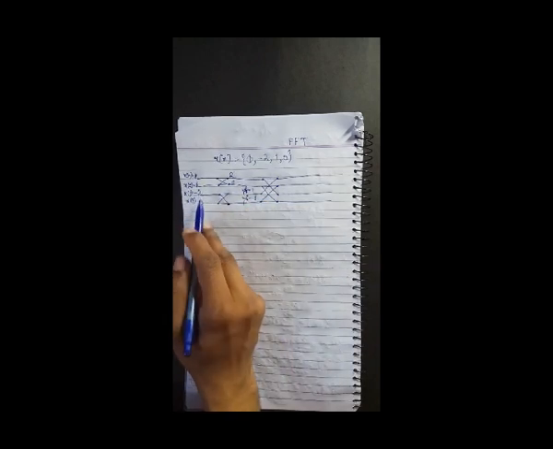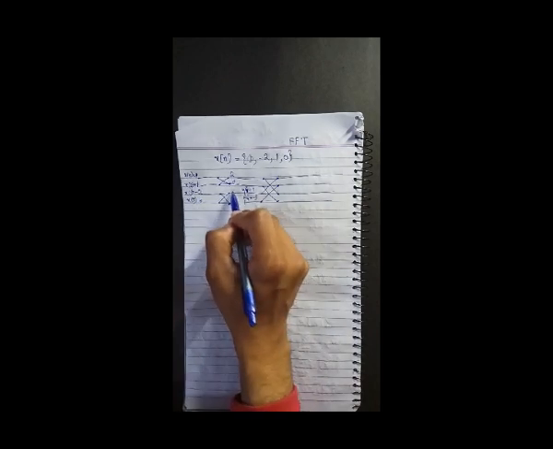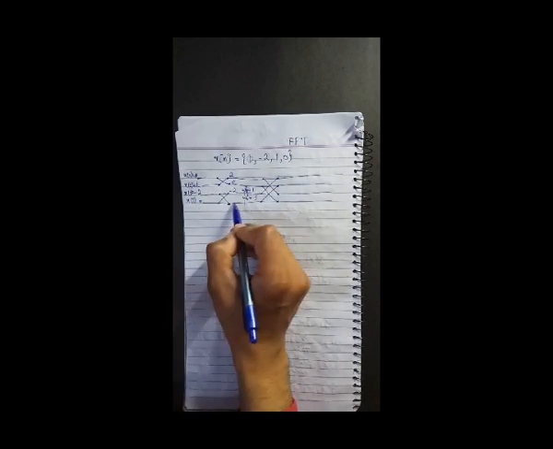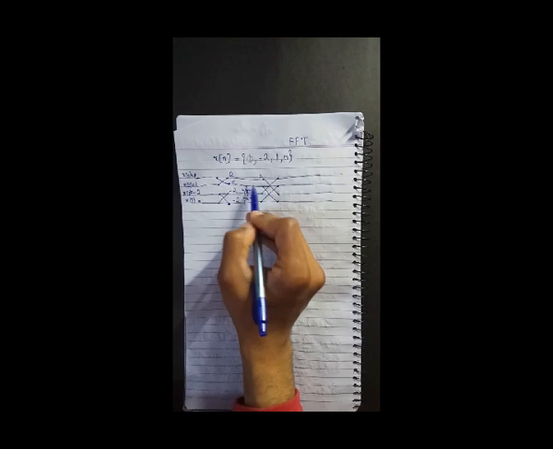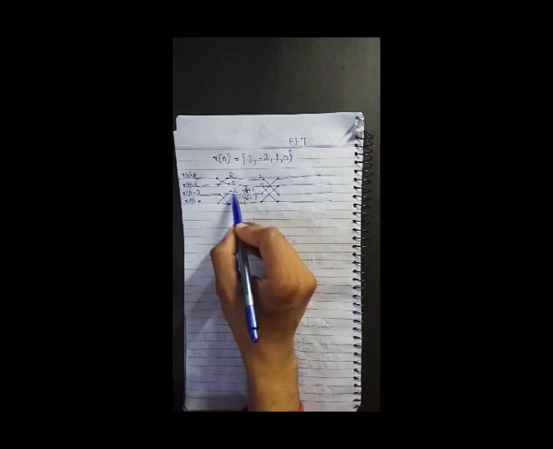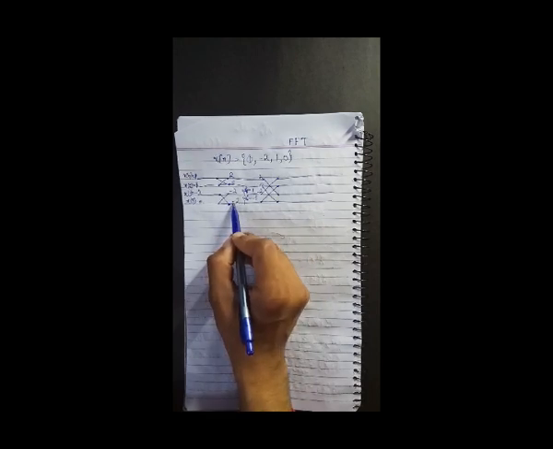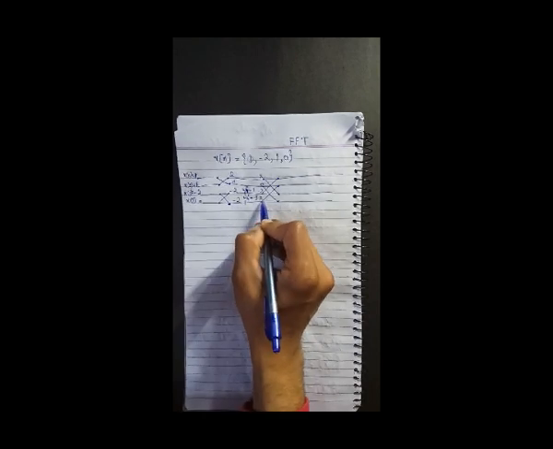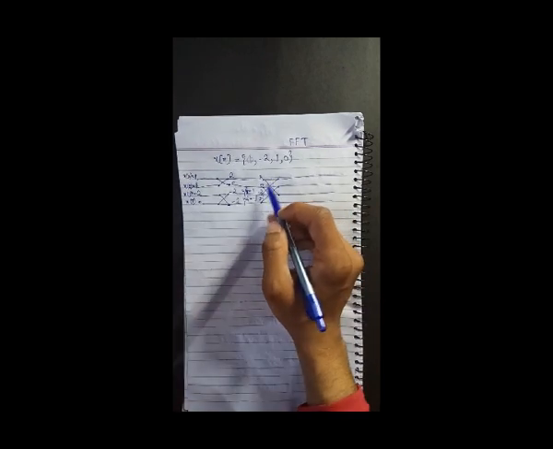Again apply this trick on these two. We have minus 2 plus 0, we have minus 2, and minus 2 minus 0, we have again minus 2. This 2 will come here and this 0 here, and minus 2 we have here 1, so minus 2 into 1 we have minus 2, and minus 2 into minus j we have 2j. Now again apply the same formula.